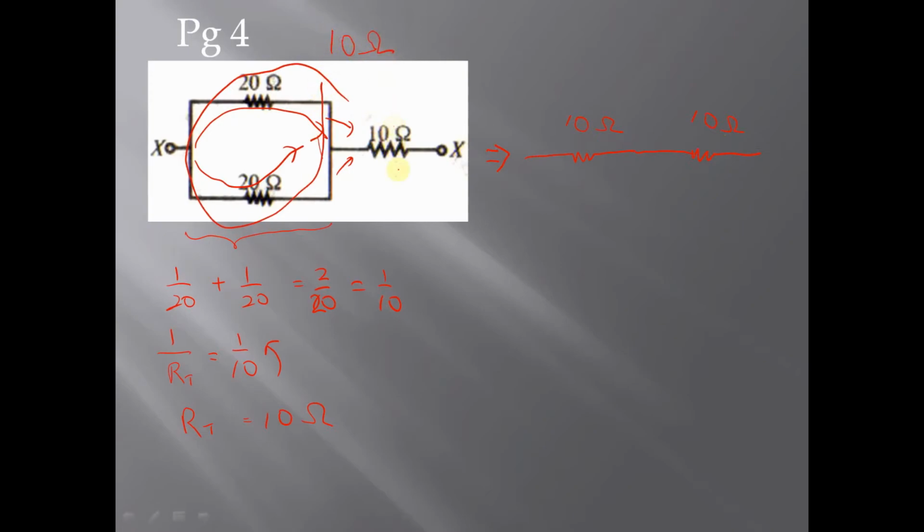Dan satu lagi 10 ohm ada datang daripada sini. So sekarang kamu boleh jelaskan, nampak here to here is a what circuit is that? Yes, you are right. It's a kind of series. So series circuit is very simple. Just add up 10 plus 10. So you get a 20 ohm. So that's all you have to do.